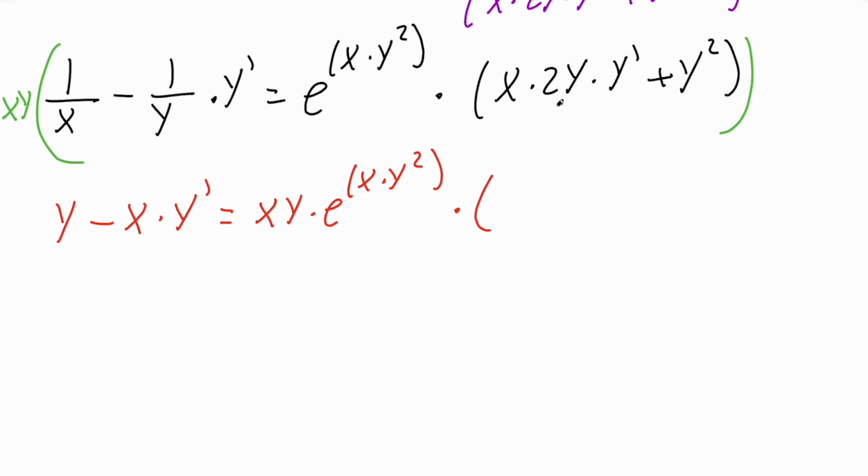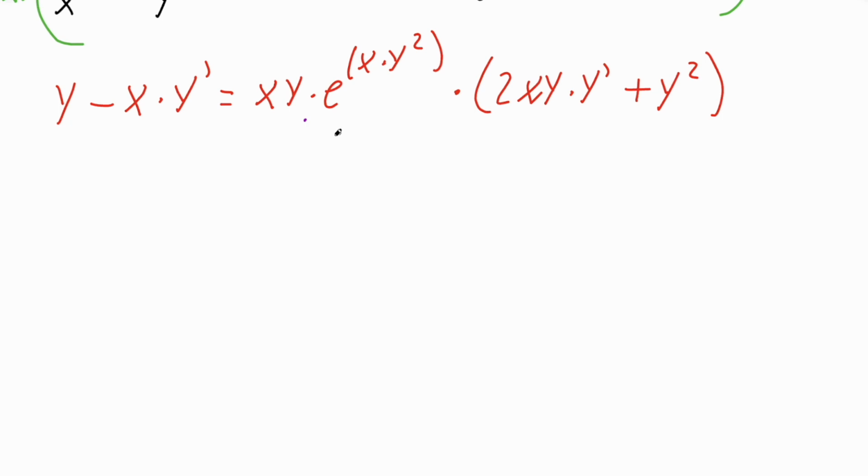So x times 2y would give us 2xy times y prime plus y squared, close parentheses. So now we need to distribute. You take this piece, we multiply it by here, and we multiply it by here. We use the distributive property.